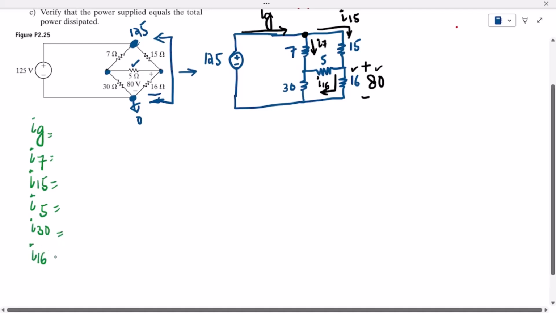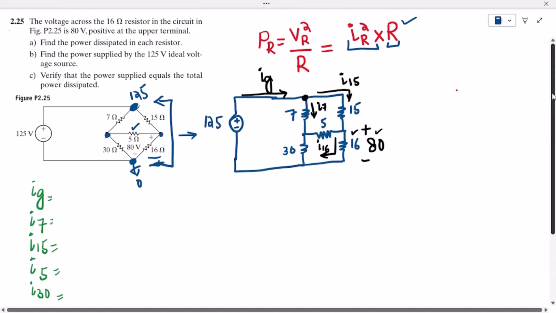So these are the currents we have to find out here.